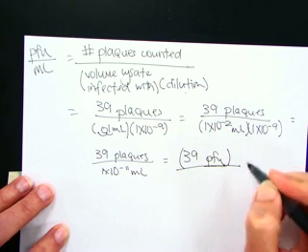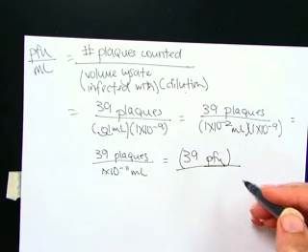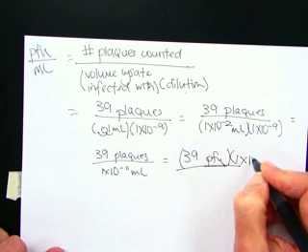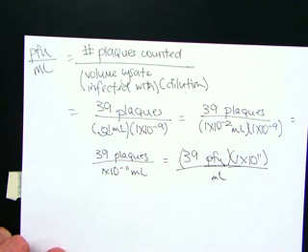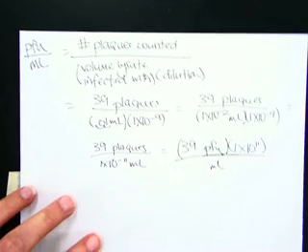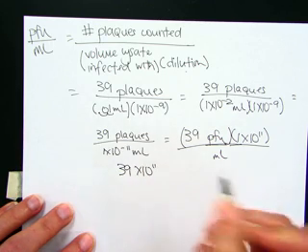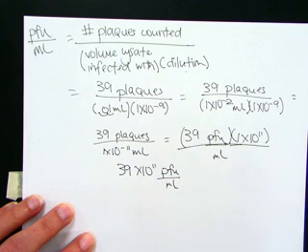And then we're going to multiply that by the inverse of this number. So when we take the inverse, the negative exponent becomes positive. So this is going to be 1 times 10 to the 11th. And the milliliters stays down here in the denominator. So then we have 39 times 10 to the 11th plaque forming units per mil.